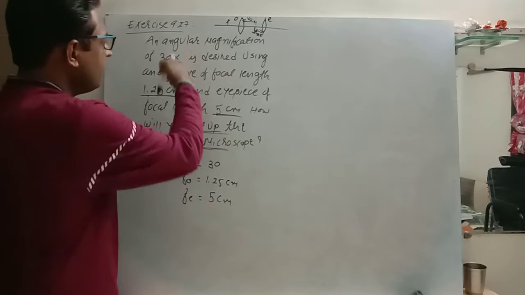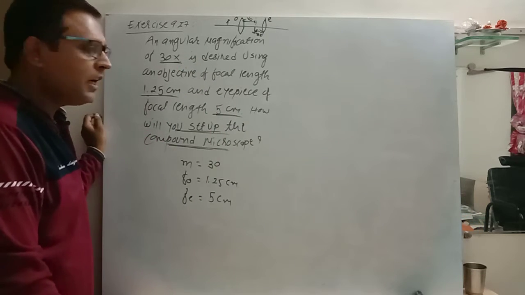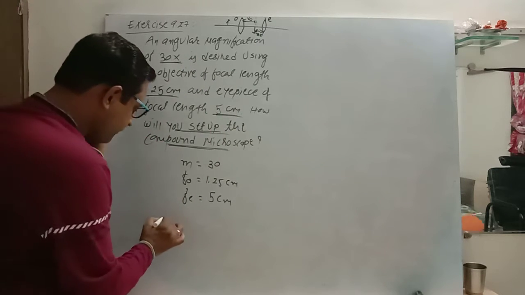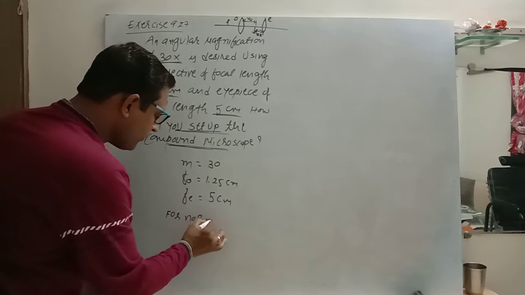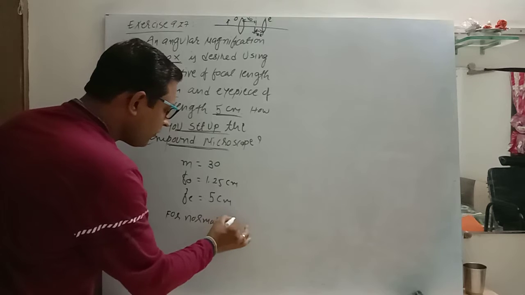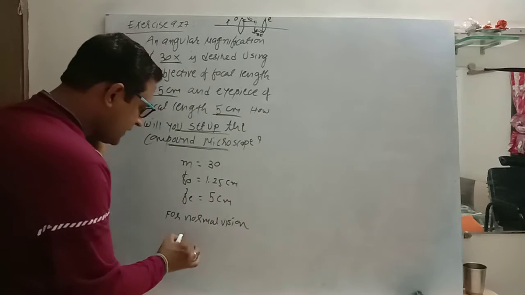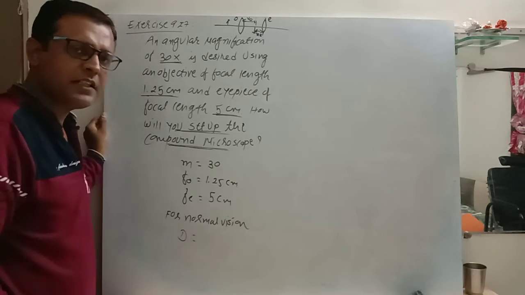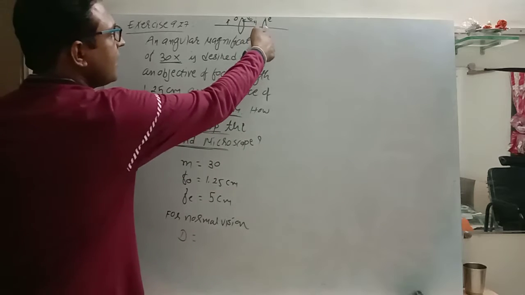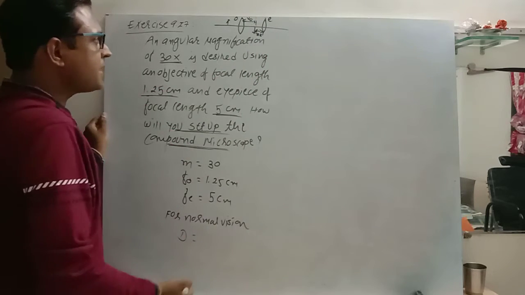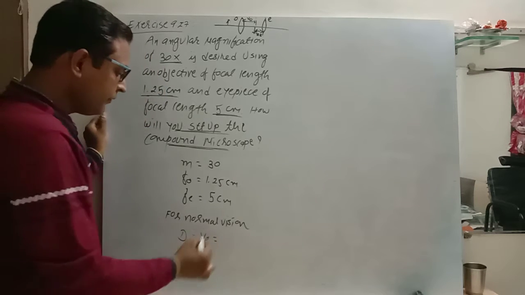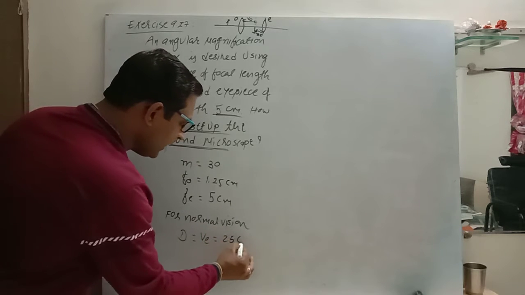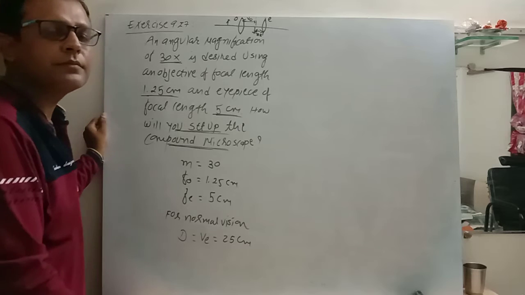Here we have to consider normal vision. For normal vision, the final image distance, that is, the image formed by the eyepiece, VE, is 25 centimeter.